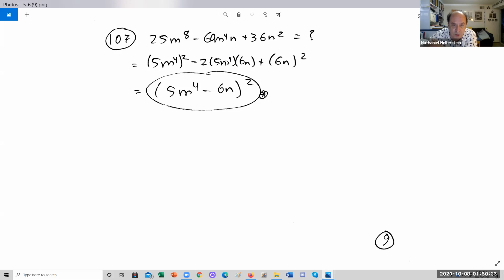Well, let's see, minus 2 times 5m to the 4th times 6n. That does indeed multiply out to minus 60m to the 4th n. So you have a square minus twice the product plus a square. That equals the square of a difference. So 5m to the 4th minus 6n, all squared, solves the problem.